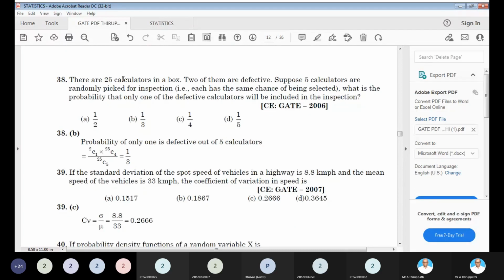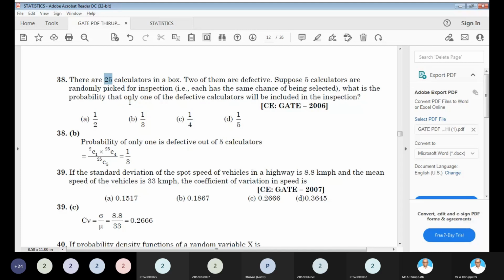Like the same questions, there are 25 calculators in a box. 2 of them are defective. Suppose 5 calculators are randomly picked for inspection.